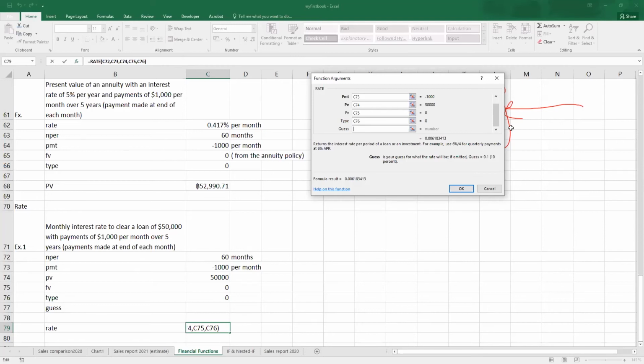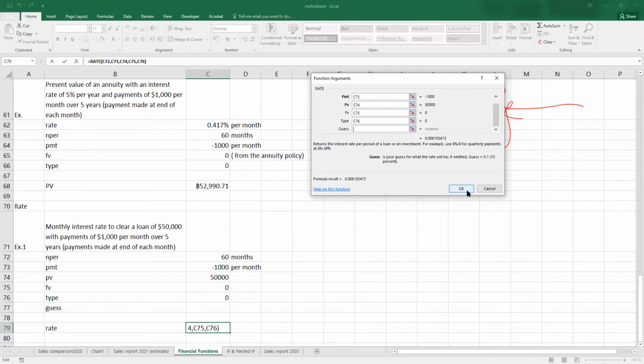This one I don't care about because I don't know what the interest rate is anyway. So if I just leave guess blank, or I may just click to refer to the cell C77 as well, but if I don't enter anything and leave it blank, it means I omit the guess.